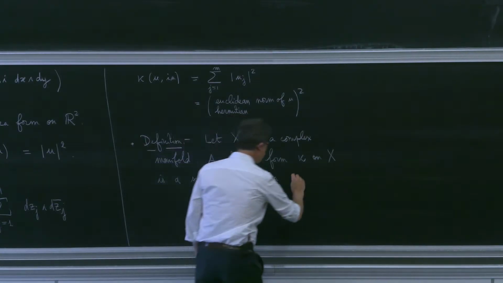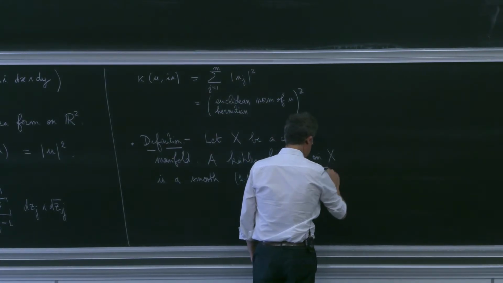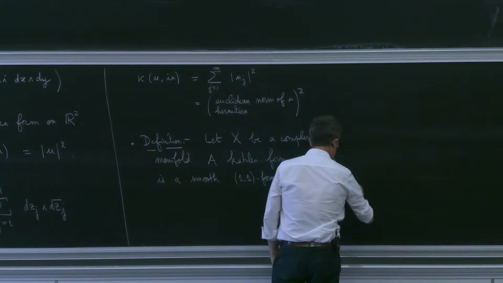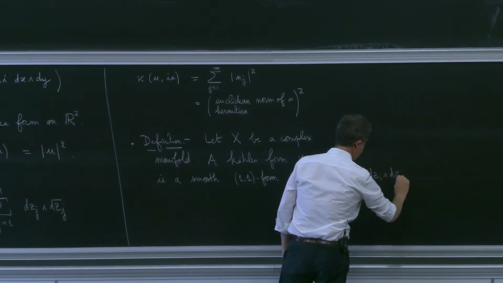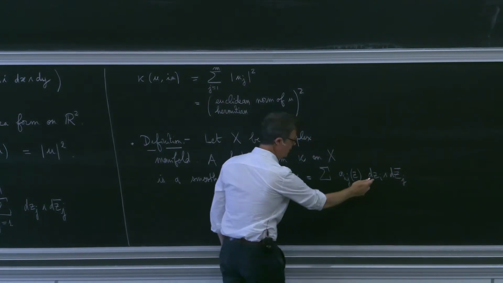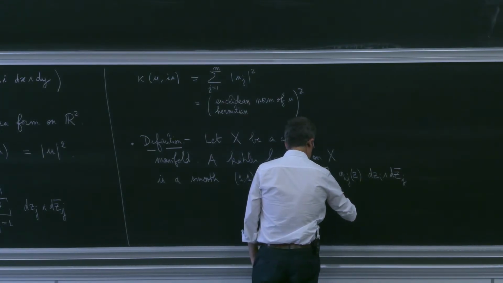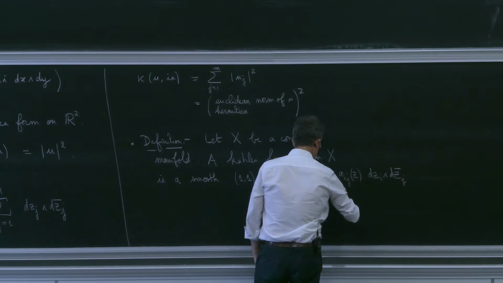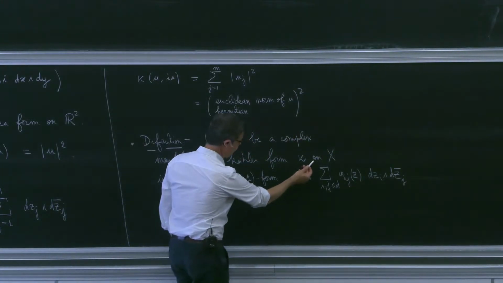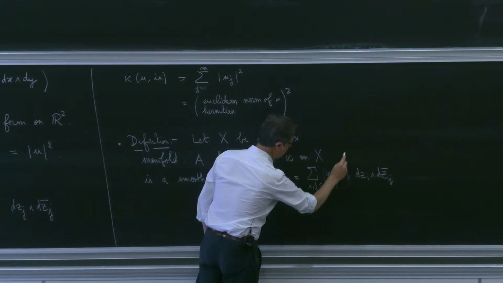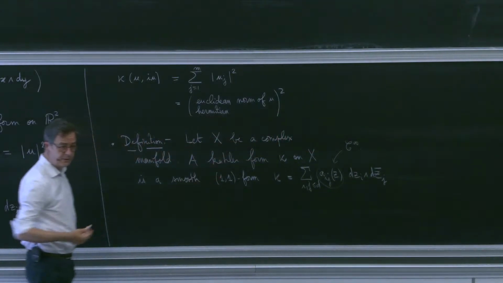Which means that locally in coordinates, I can write kappa as a sum of a_ij of z, dz_i wedge dz_j bar. So there is one holomorphic and one anti-holomorphic term, for i, j less than the dimension of X, and these coefficients are smooth functions with values in C.